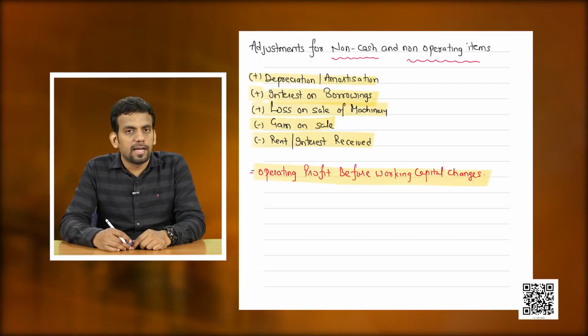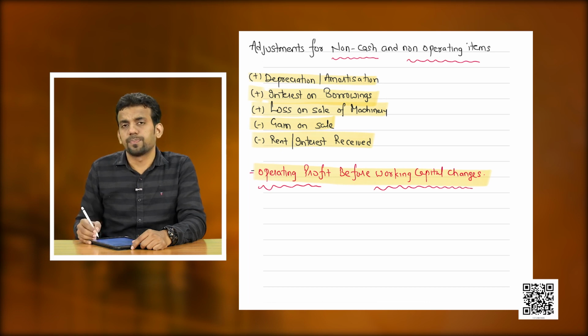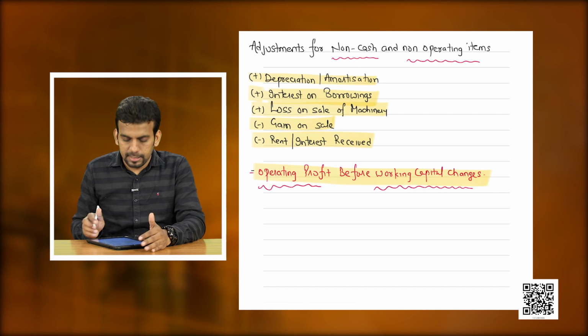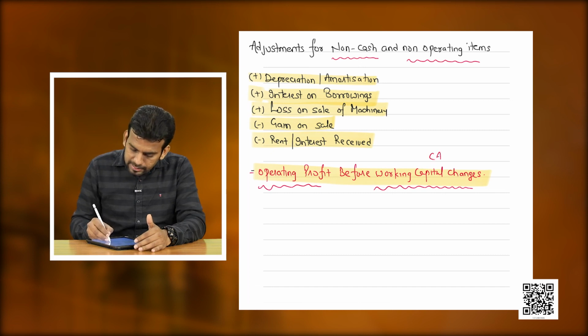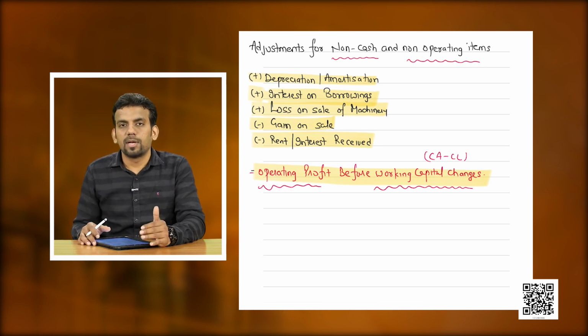As you can see, we have already arrived at operating profit before working capital changes. Operating profit means only operational things are covered. Before working capital changes means still current assets and current liabilities are to be treated. As we know, payment to creditors and buying of stock are not included in profit and loss.